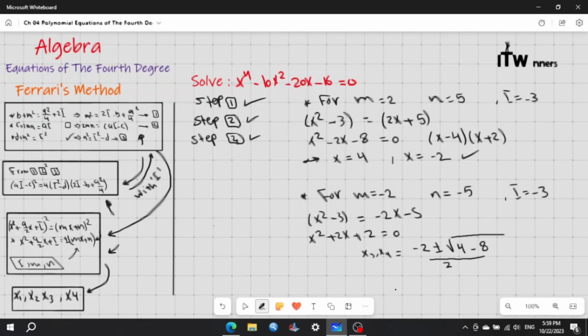So we have x3, x4 equal to -1 plus or minus i, okay.